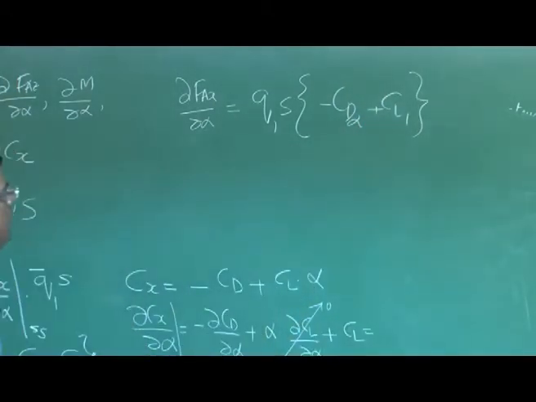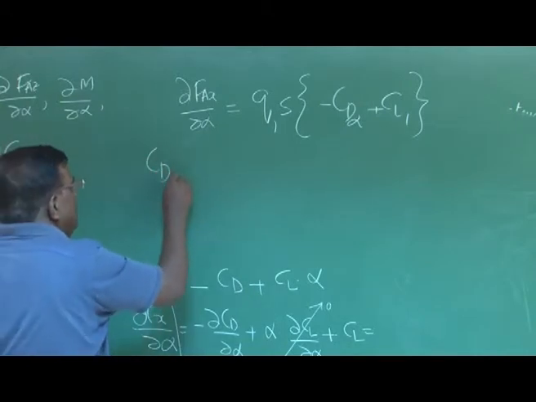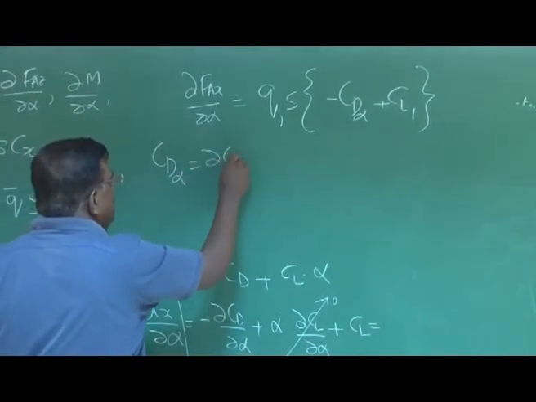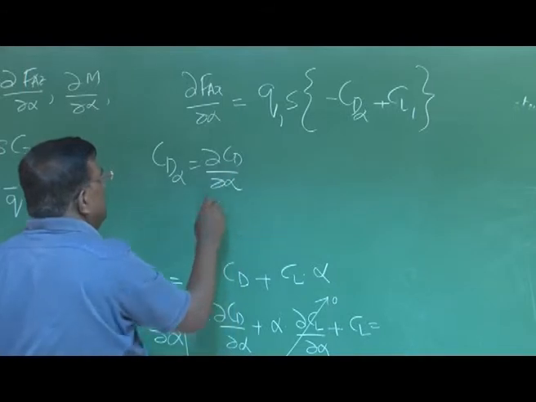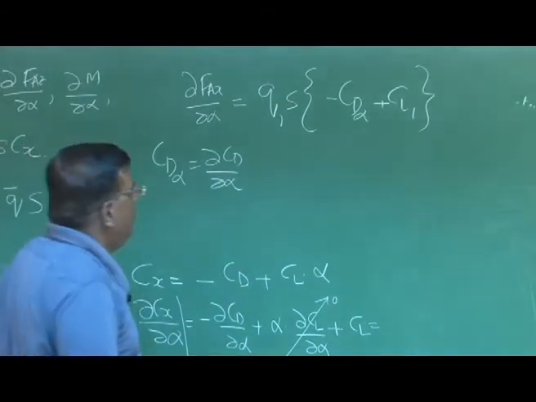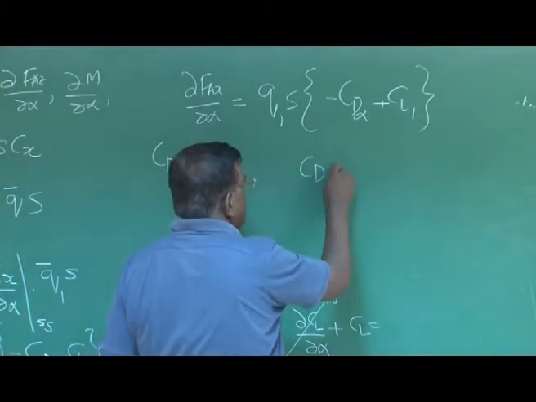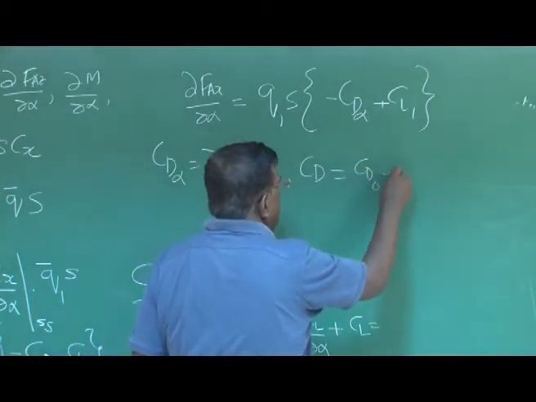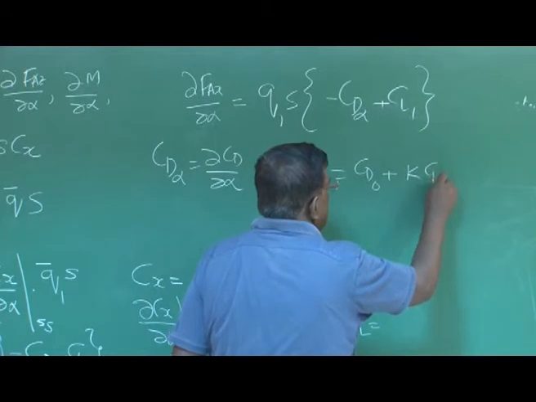So try to understand what is the meaning of Cd alpha. What is Cd alpha? dCd by d alpha. What is the meaning of that? How do I find that? You recall, the drag polar is given by Cd equal to Cd naught plus k Cl square.